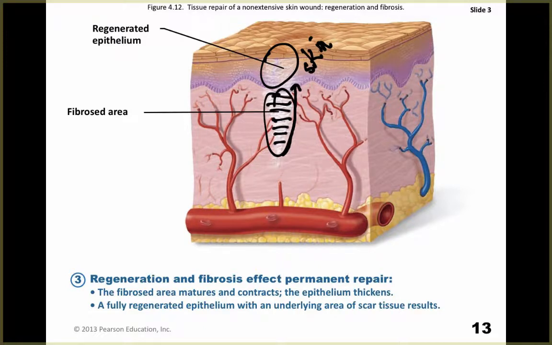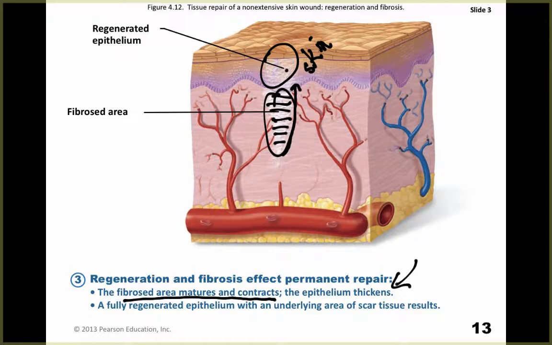So there are areas of this that are going to be fibrotic, and they're going to mature and essentially contract, and you have this area here that is replaced with some non-functioning tissue. And then you have epithelium thickens here, and then you're going to actually have skin tissue. So here is a completely regenerated wound, right?